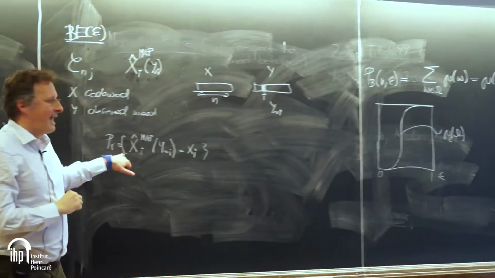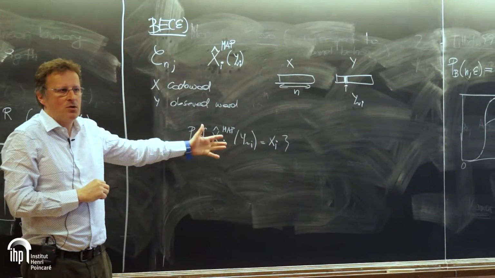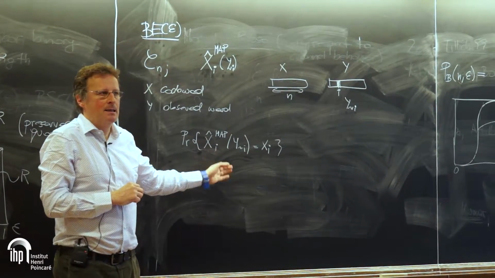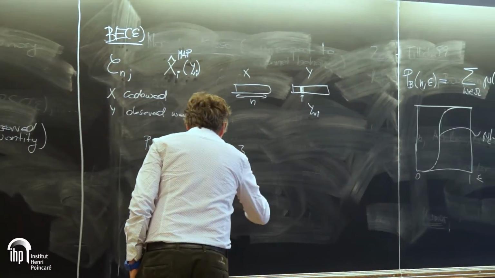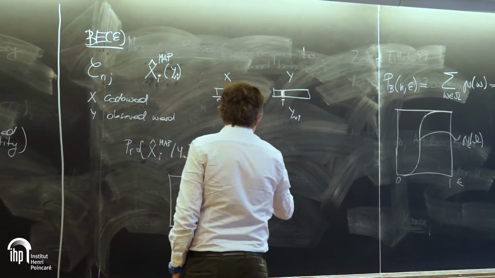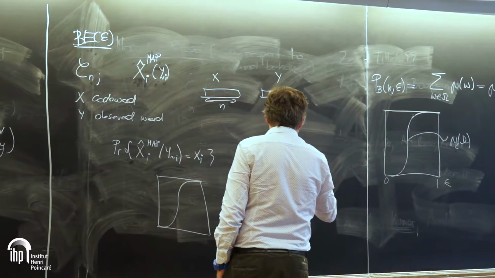If I'm looking at the error probability of this decoder, this will be a number between 0 and 1. For the binary erasure channel, this is called the EXIT function.